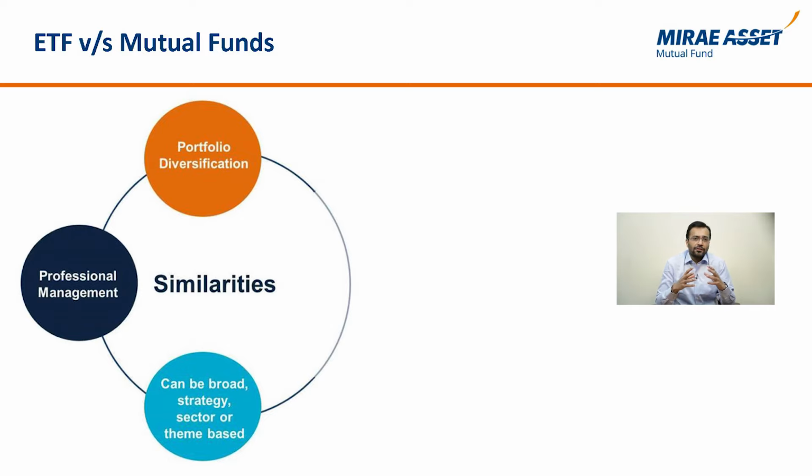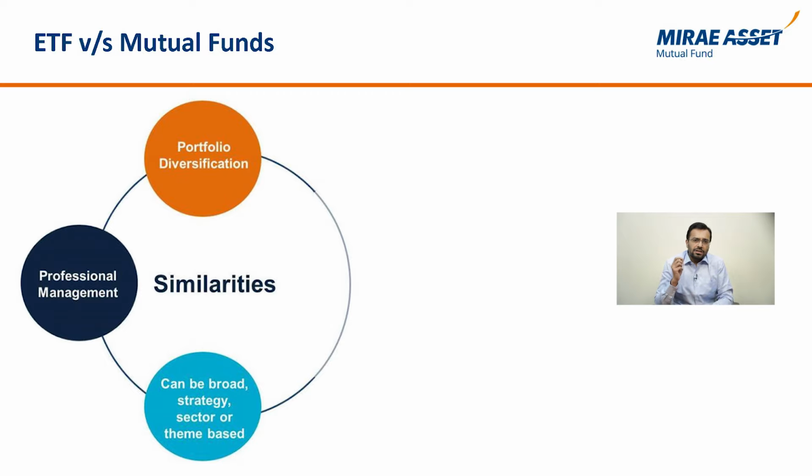In case of a mutual fund, you have a fund manager who chooses stocks and securities based on market views. Similarly, there is a portfolio manager for an ETF as well. So professional management, or expertise of fund management, is one of the similar aspects of ETFs and mutual funds. The second advantage is portfolio diversification.